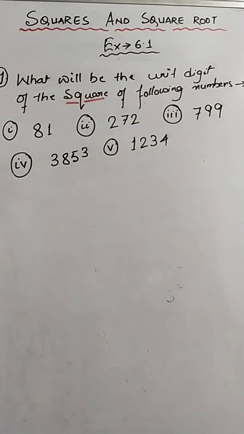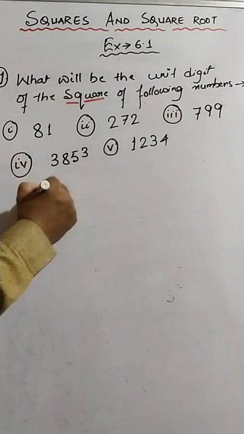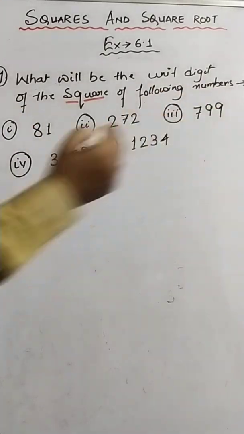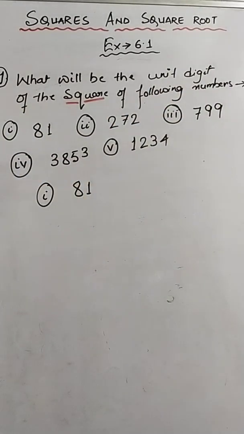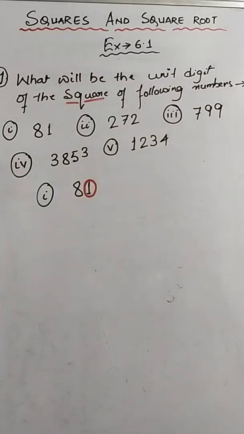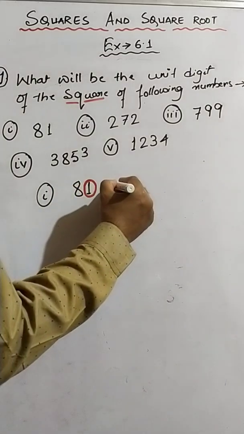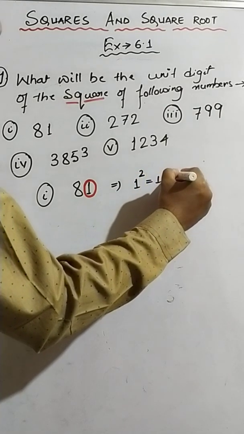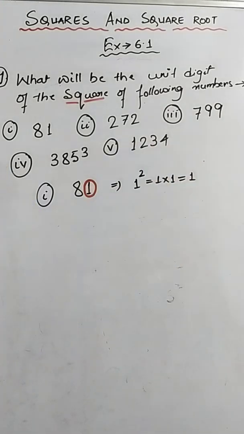Number 1, if I start with 81. In every number, you have to concentrate on the unit digit, this digit. So what is the square of 1? That is 1 into 1, that is 1, isn't it?